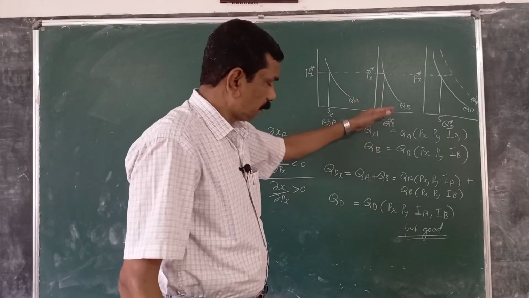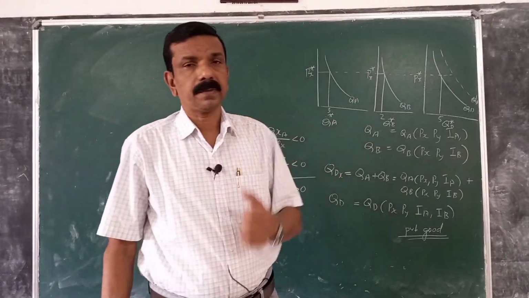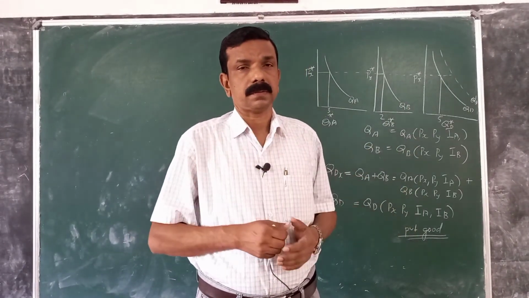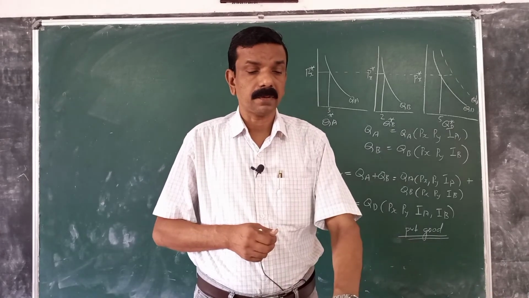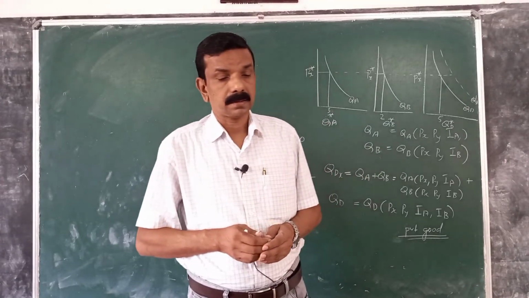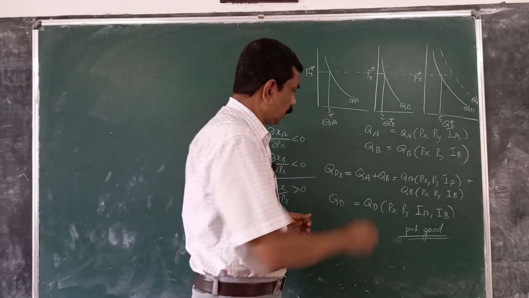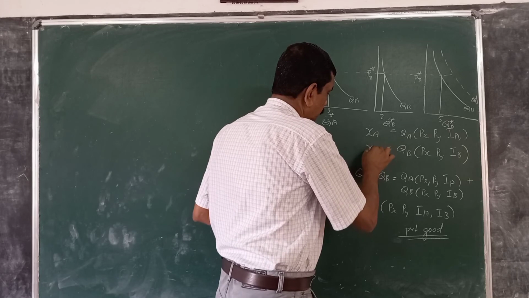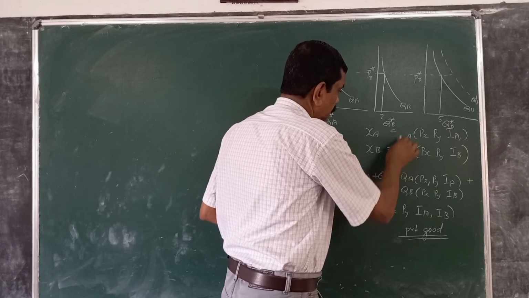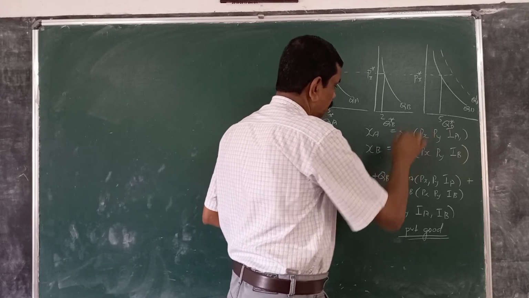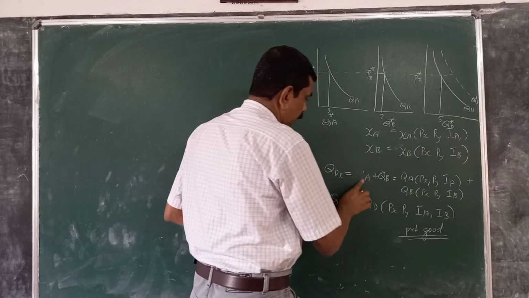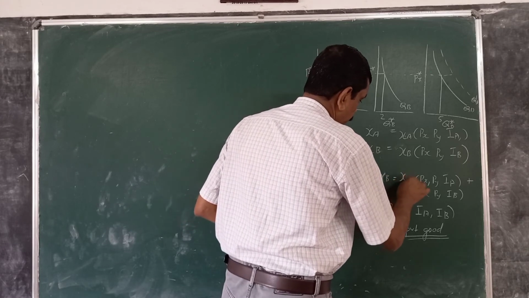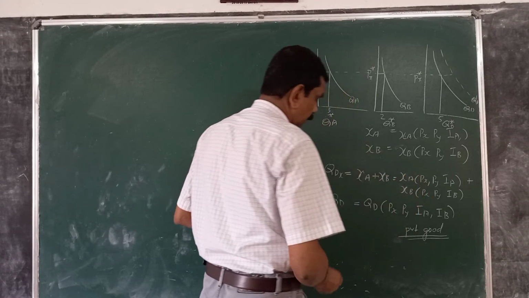The same argument can be used to derive the market demand for commodity Y also. This is the market demand curve for commodity X. So it is better to write it as XA, XB, to avoid confusion.